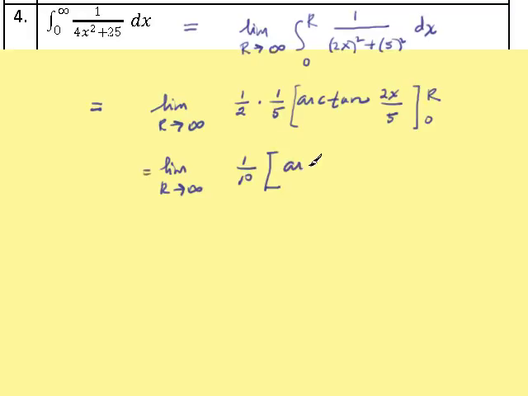So first we have arctan 2r over 5 minus arctan 0. As r goes to infinity, this is going to infinity, and arctan is going to pi over 2.